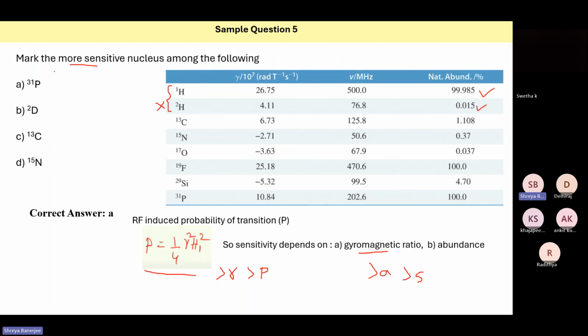In this case, some nuclei are given. If you compare these 4 nuclei, you will see that 31P has a natural abundance of 100%, meaning there are no isotopes. Because of this huge natural abundance, 31P is the most sensitive nucleus. If you think of the others, nitrogen has isotopes, there is 15N, there is 14N. 14N is not shown here, but it does have that isotope.